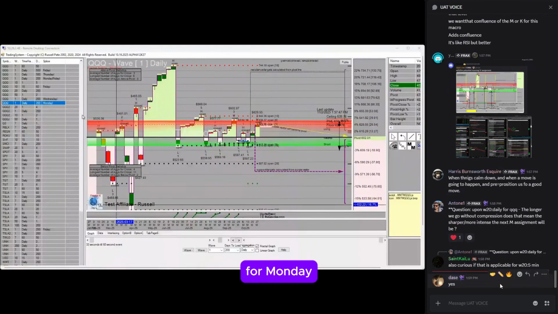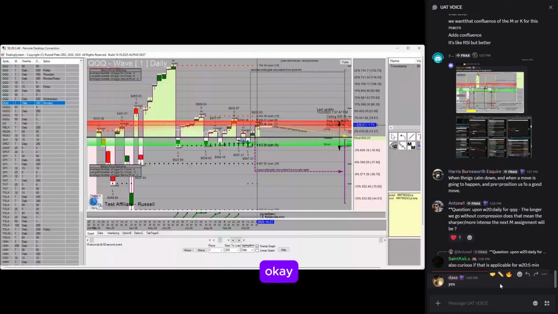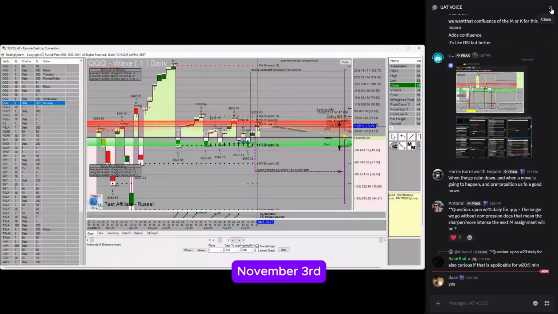So this is for Monday. If I move my cursor, okay, I'm on 10/27th, which is last Monday. Where do we expect the market to close tomorrow, November 3rd?